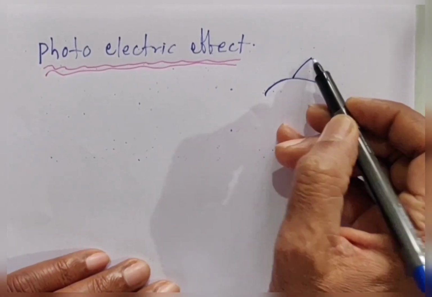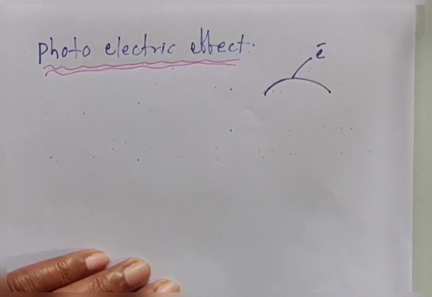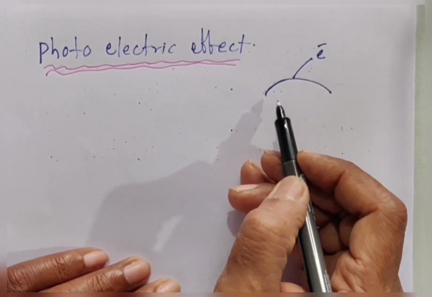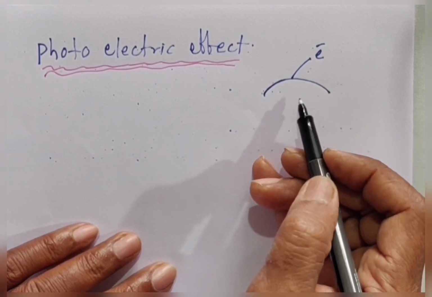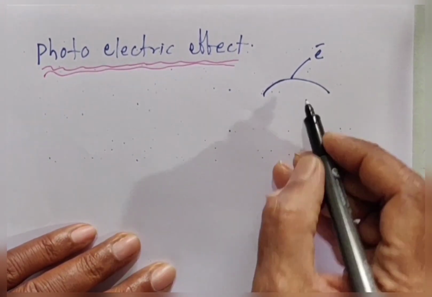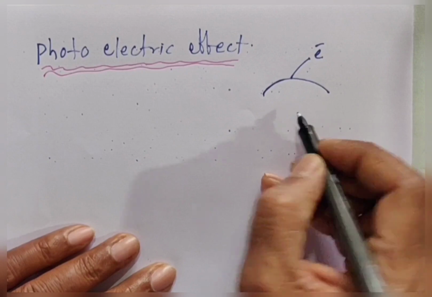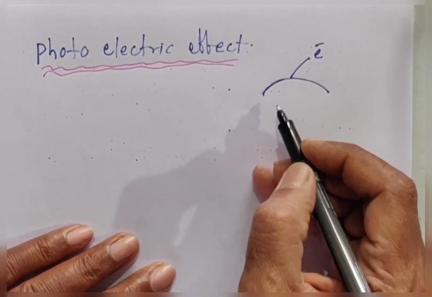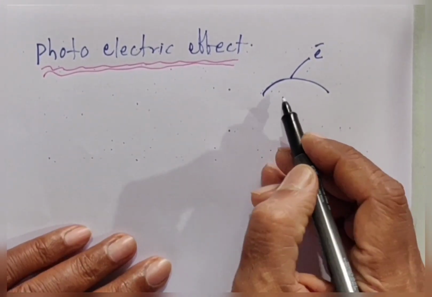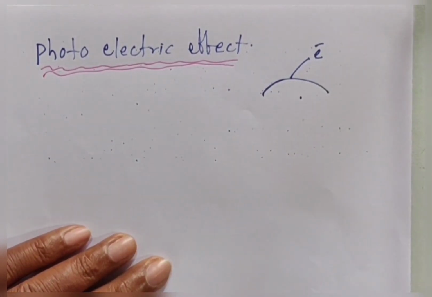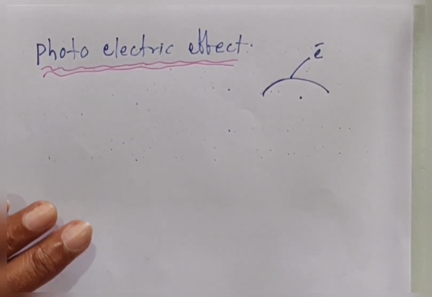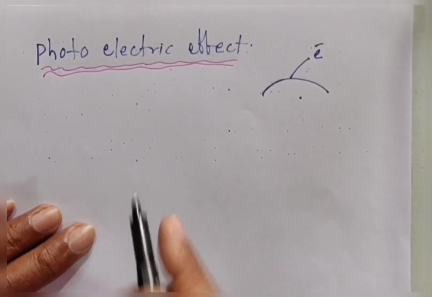The ejection of electron takes place when a suitable light or frequency falls on the surface of metal. So this is known as photoelectric effect. When suitable frequency is available, the ejection of electron takes place. That is photoelectric effect. Right?